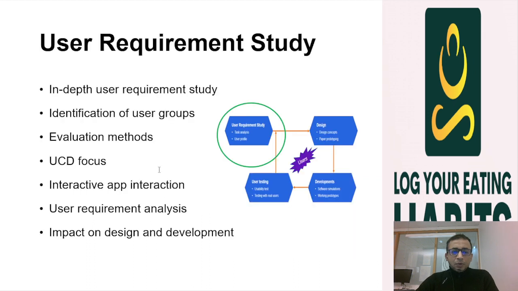In the user requirement study, as I said, we have an extensive qualitative and quantitative study to get the user requirements at the beginning. On the basis of this, we identified the user groups, here adolescents and adults, and after that we have some evaluation methods. In each iteration we have an evaluation method for the user requirement study, because it is user centered design.